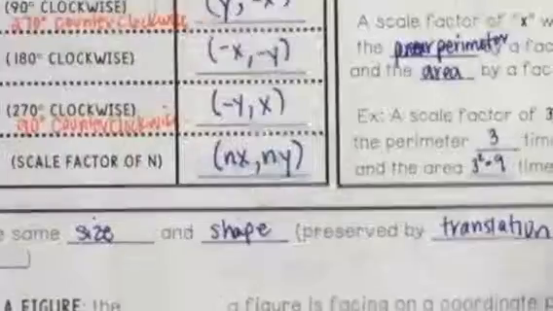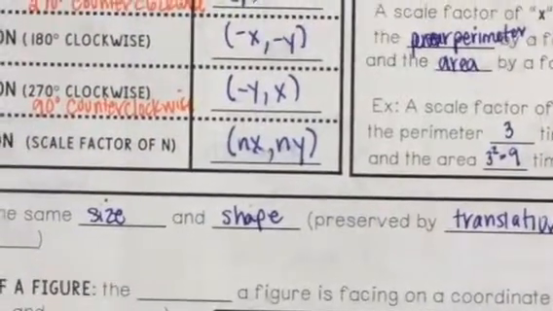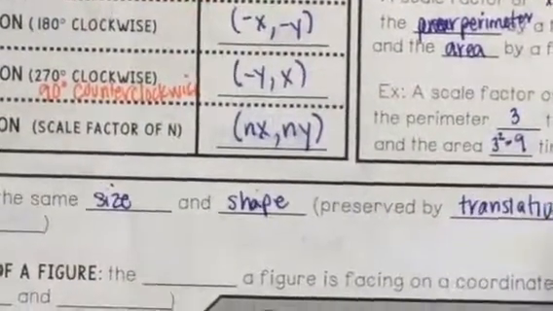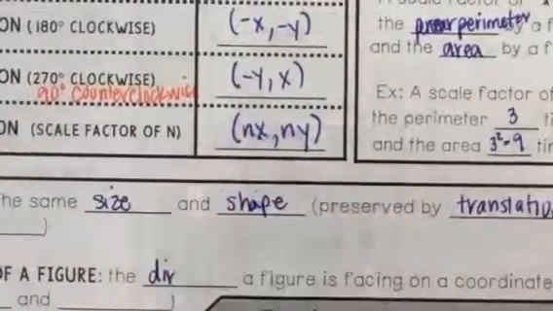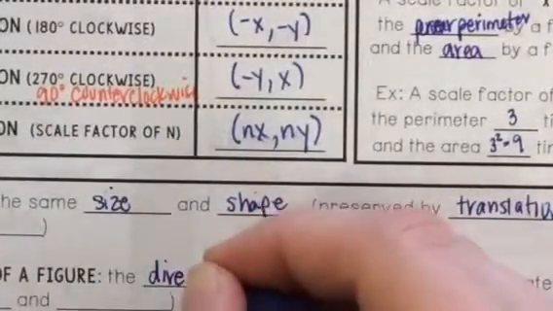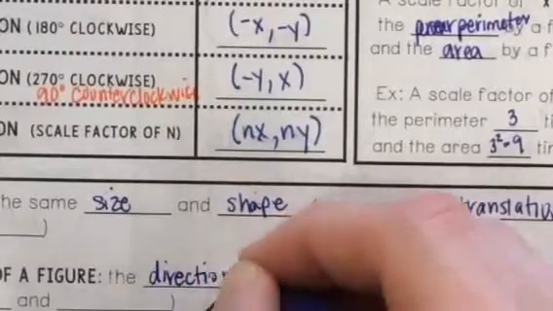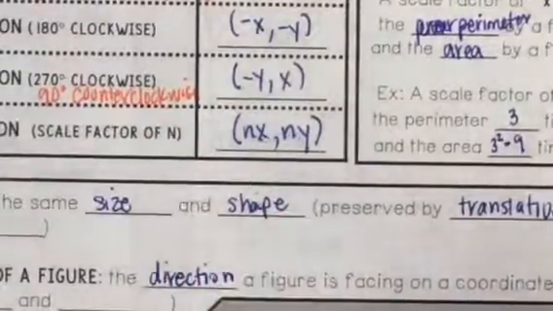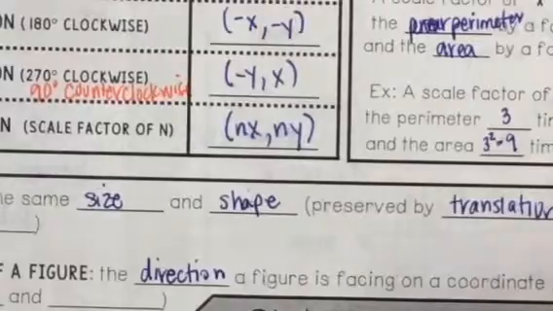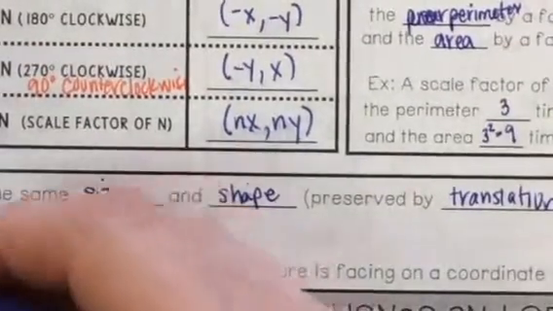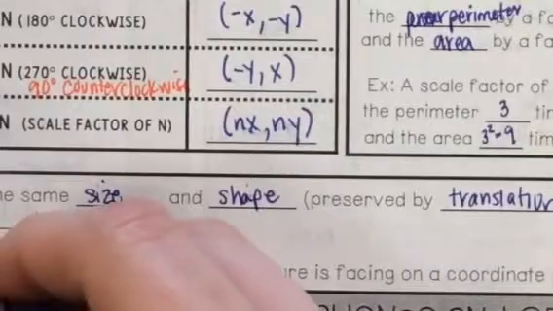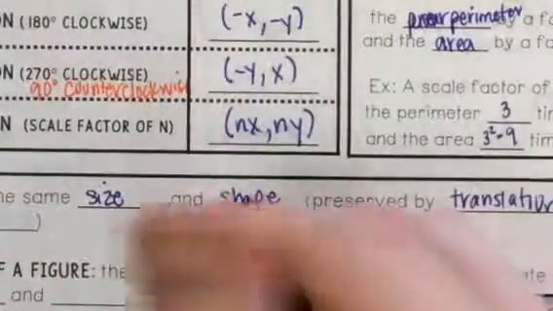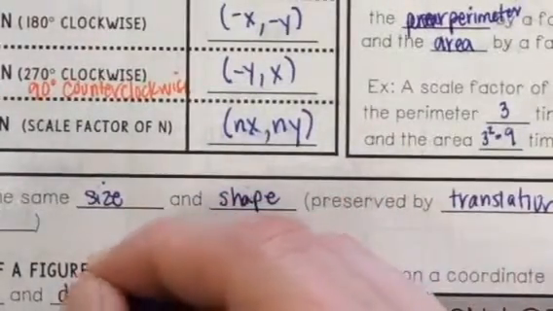The orientation of a figure, that's the way that it kind of looks like right now. So that is the direction that a figure is facing on a coordinate plane. And in that case, a translation and a dilation would preserve the orientation.